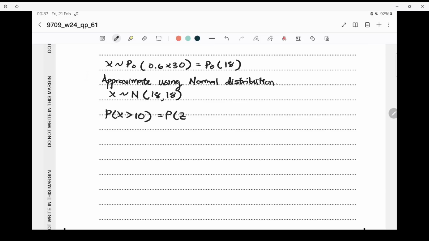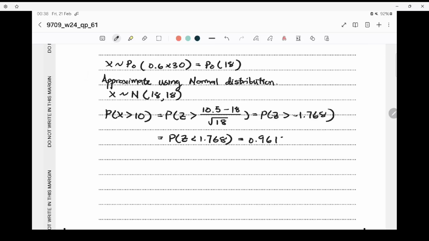So when you calculate the z-score, the continuity correction requires you to use 10.5. The mean is 18. Standard deviation is square root of 18. So this is P(Z greater than minus 1.768), the same as P(Z smaller than 1.768). Reading from the table, this is 0.9615.